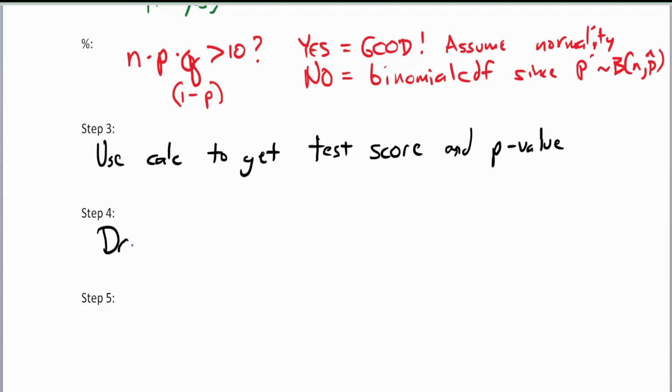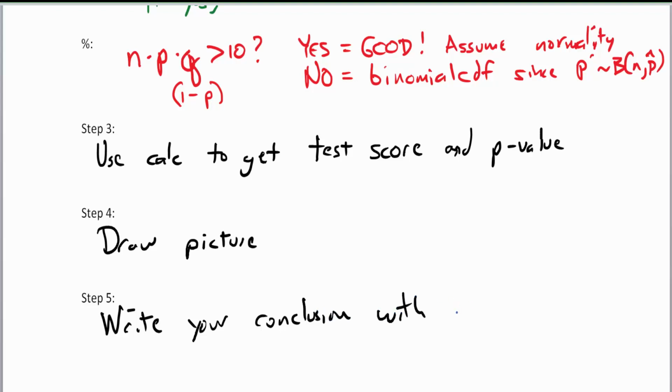Step 4 is to draw the picture. And what's nice is that your calculator gives you a big heads up about this one here. You draw the picture, and then in step 5, you write your conclusion with an inequality.